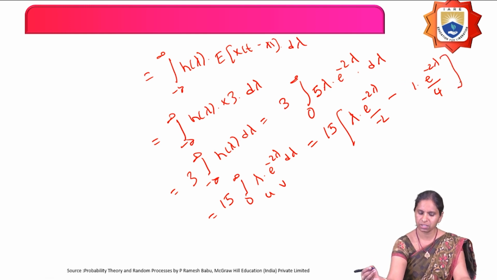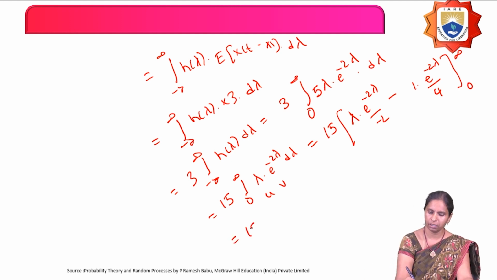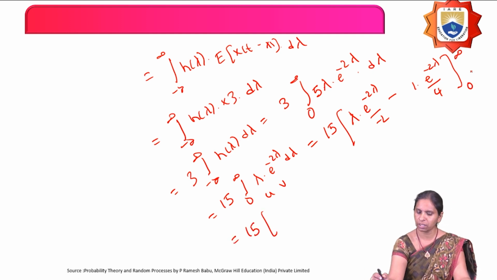And what are the limits of lambda here? 0 to infinity. Then you obtain 15 into, substituting the upper limit infinity: infinity into e^(-infinity). What is the value of e^(-infinity)? 0. So 0 into infinity gives 0. Minus, here also e^(-infinity) is 0, so the upper limit is 0.